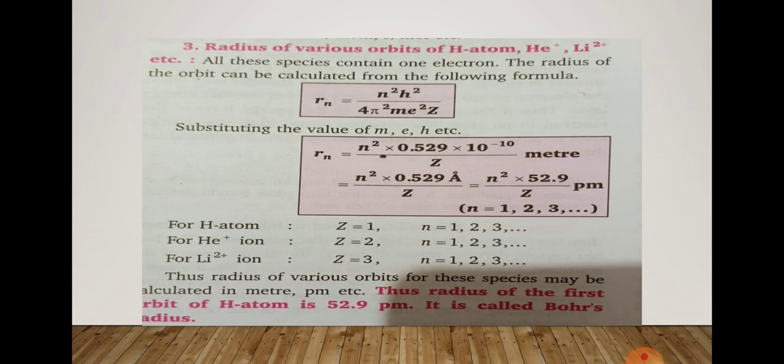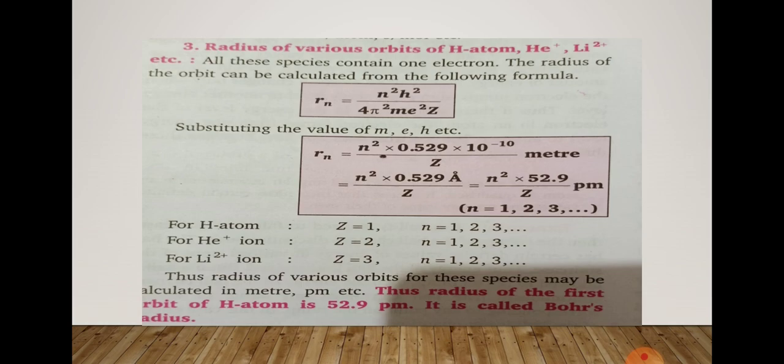Okay, now come to the radius of various orbits of the hydrogen atom. For one electron systems only we are talking. So what will be the formula for calculating the radius of various orbits of the hydrogen atom, helium ion or lithium ion? Again, all these contain one electron only, and the radius of the orbit can be calculated by the formula given here.